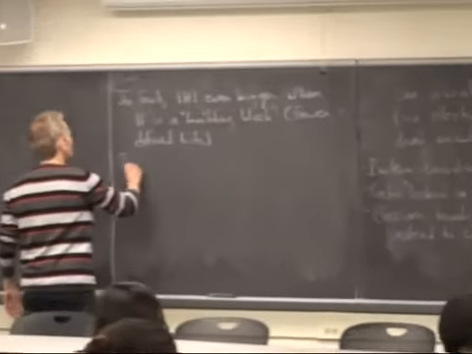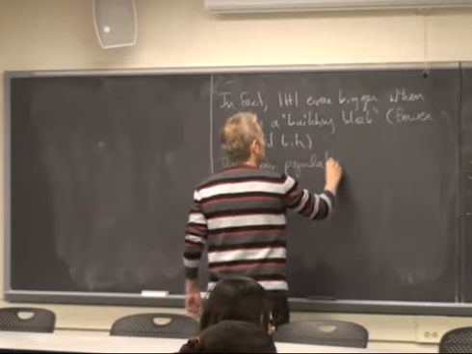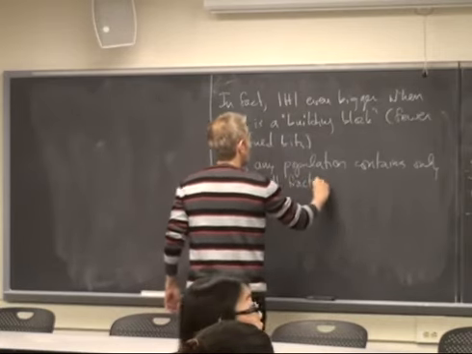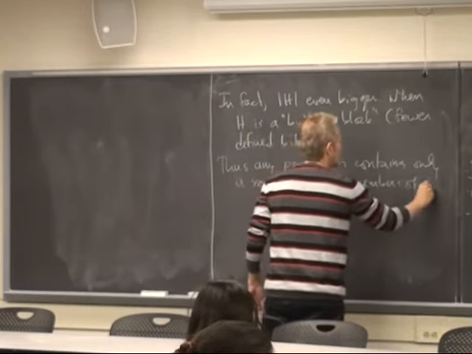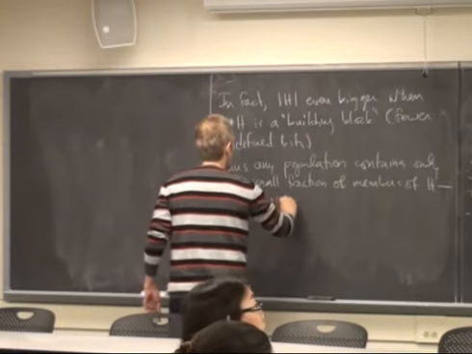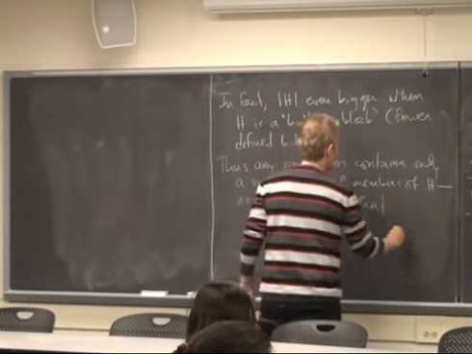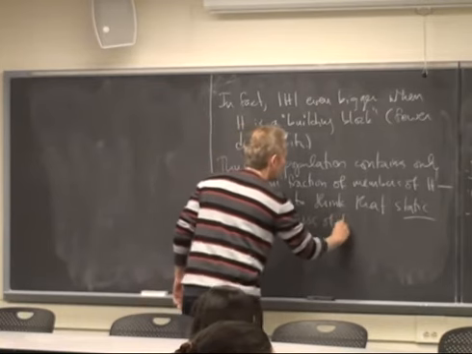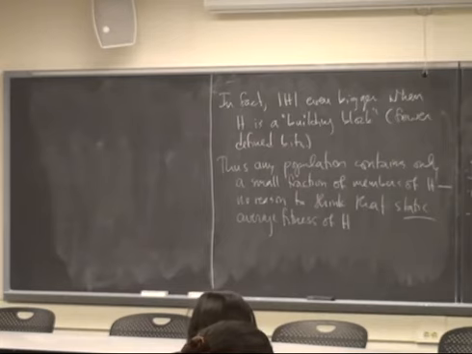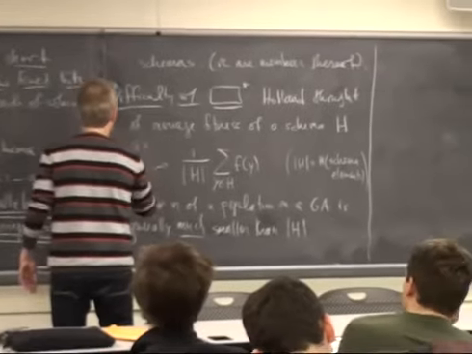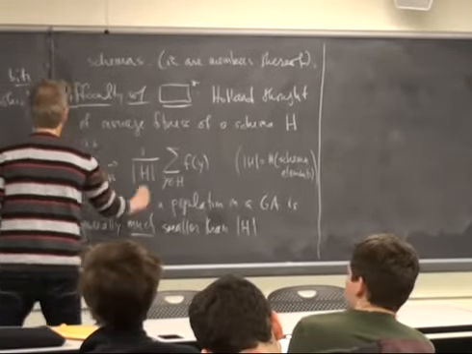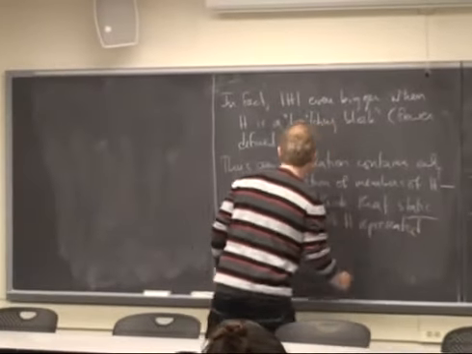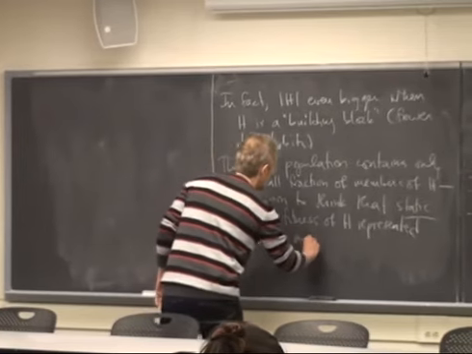Okay, so thus any population contains only a small fraction of the members of a schema H. So there's no reason to think that the static average fitness of H, and that's the name that people give to this, this thing here is called the static average fitness of H, is represented by these members.